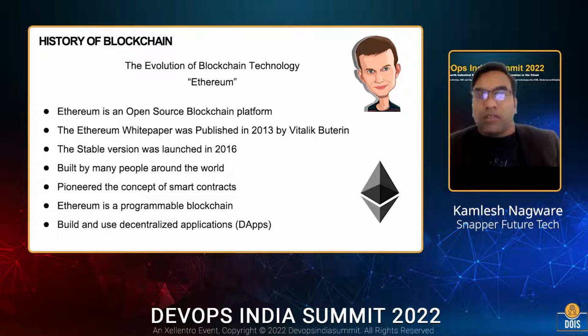When the smart contract feature was added by the Ethereum Foundation, you could write your business logic, your data, your ledger, anything you want to store in the blockchain, via the Ethereum blockchain and smart contracts. That was the start of programmable blockchain, dApps, NFTs, ICOs, STOs, and lots of different applications built on the Ethereum blockchain.